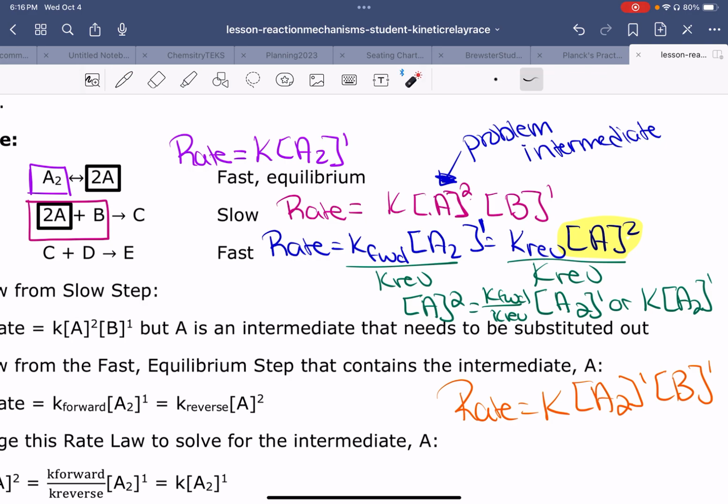The A2 is the intermediate. So when I apply my algebra, I get A squared equals K forward over K reverse times A2 raised to the first, or K times A2 to the first. I'm simply going to sub this in for the A2, and when I do that, I get this expression for my rate law. This is how we deal with intermediates, because we cannot write intermediates in the rate law.